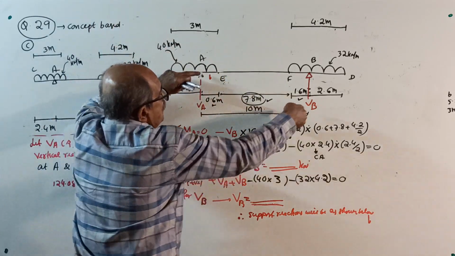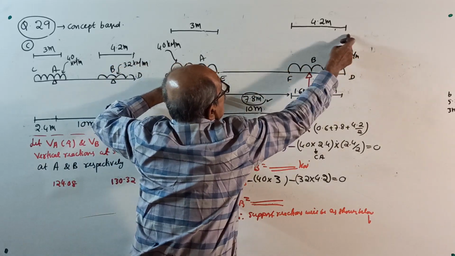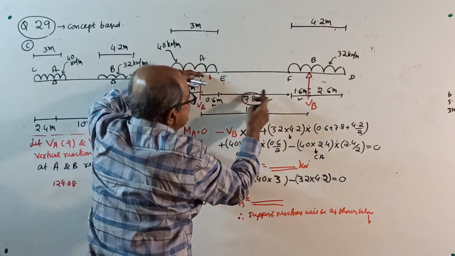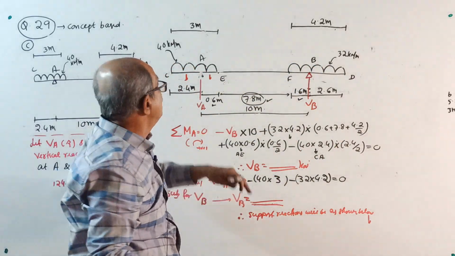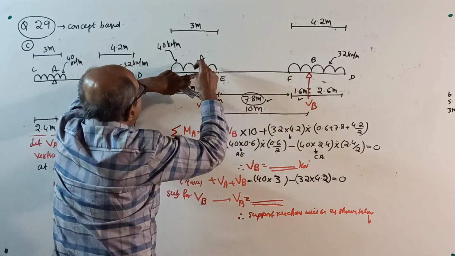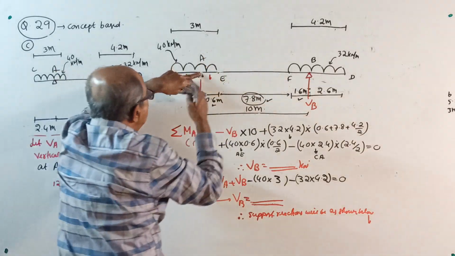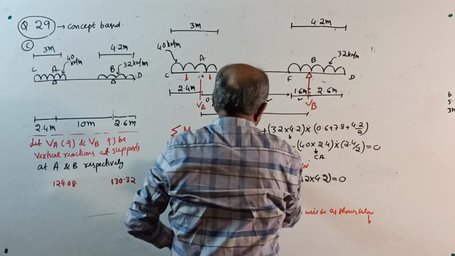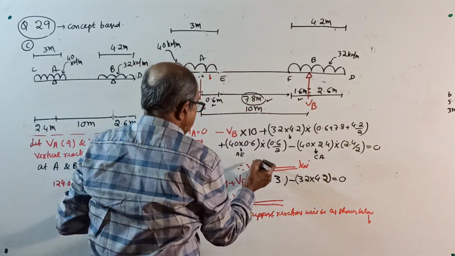So start. Minus VB into 10 plus 32 into 4.2, the total load, into 0.6 plus 7.8 plus half of 4.2. I have explained this thousands of times. Then here A to E separately: 40 into 0.6 into 0.6 by 2 clockwise, minus 40 into 2.4 into 2.4 by 2 anti-clockwise, equal to 0. VB will come plus 130.32.